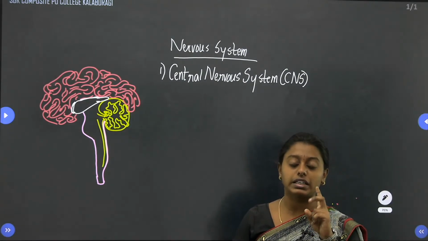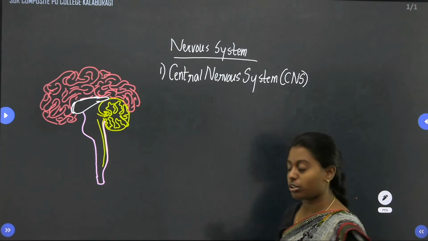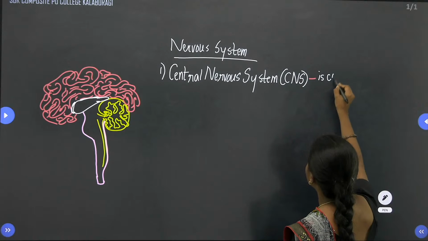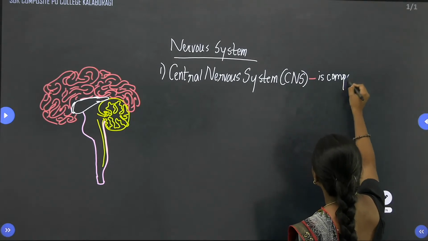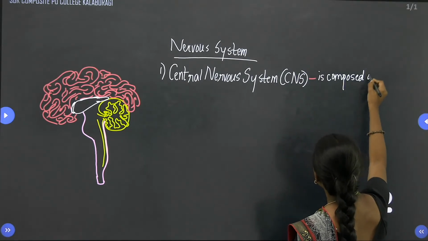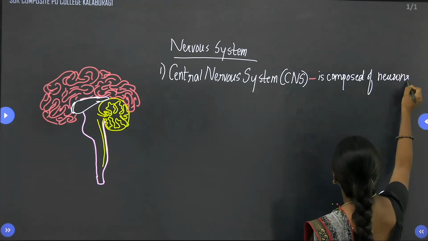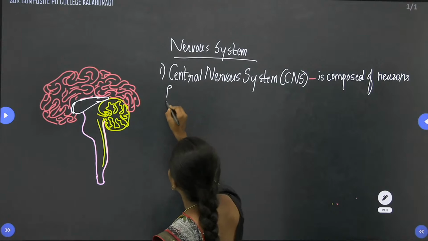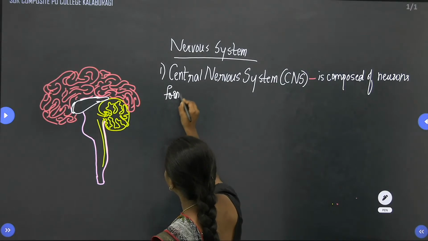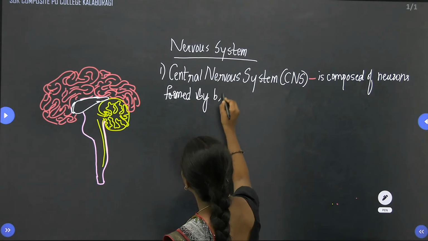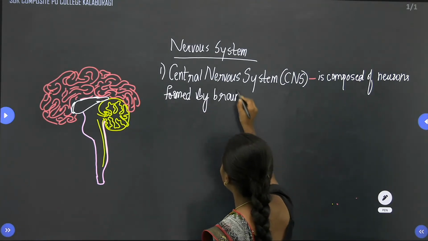One is the brain and the other one is the spinal cord. So we can write it as: composed of neurons formed within the brain and spinal cord.